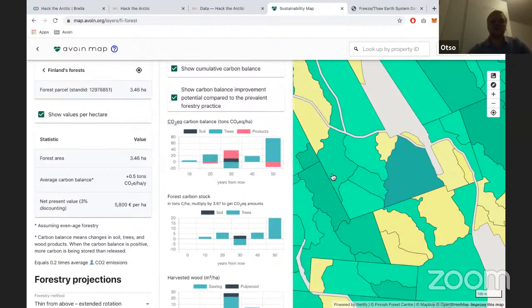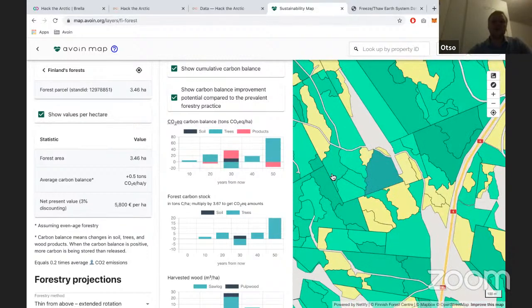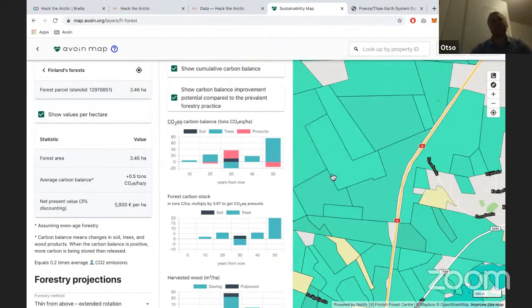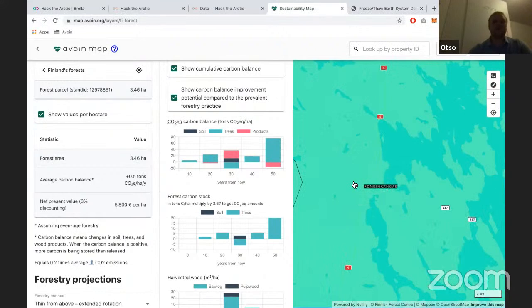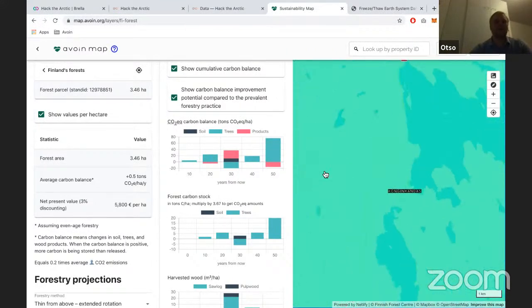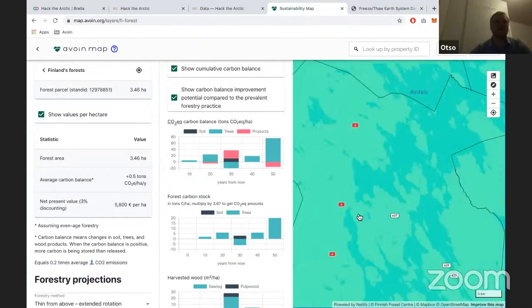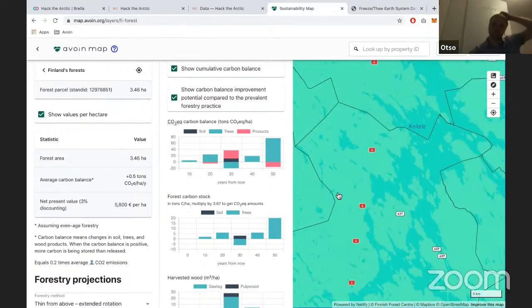So this kind of modeling we do, and we hope that eventually this will lead to a system where we have a carbon credit. So a forest owner could actually make more informed decisions, and also the carbon will have a price in the future.